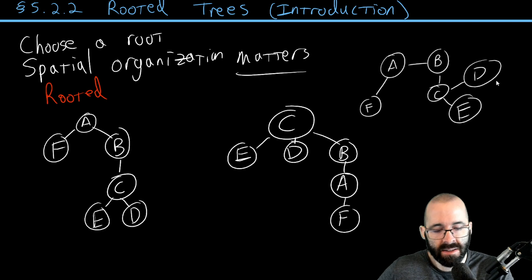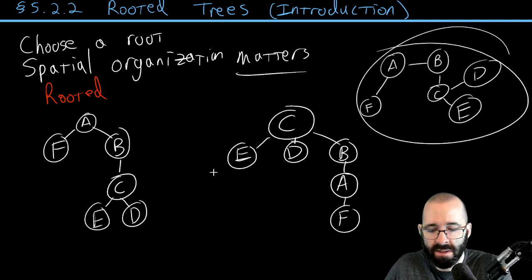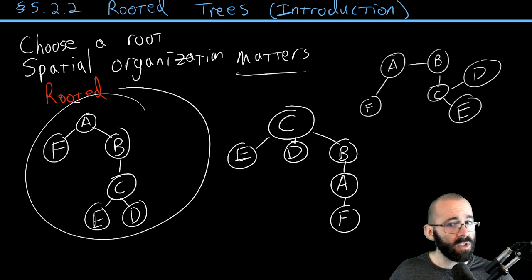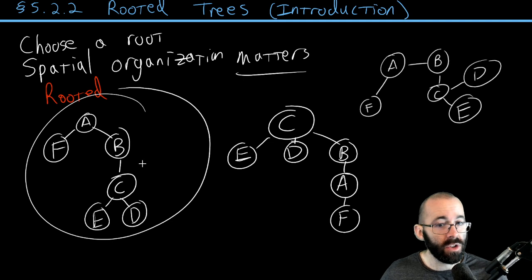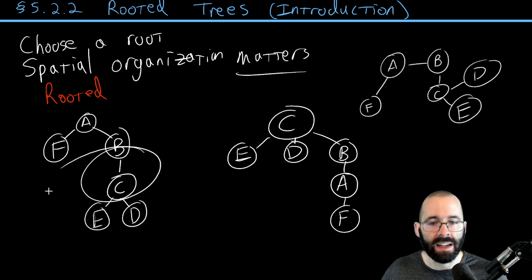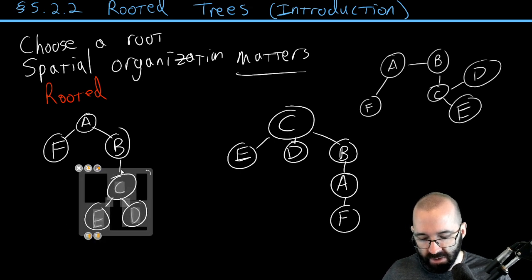So going back to these, this is not a binary tree because it's not a rooted tree. This is almost a binary tree, right? Every node has 0, 1, or 2 children. And there are mostly left and right children, except for right here. I didn't specify whether C was a left or right child.